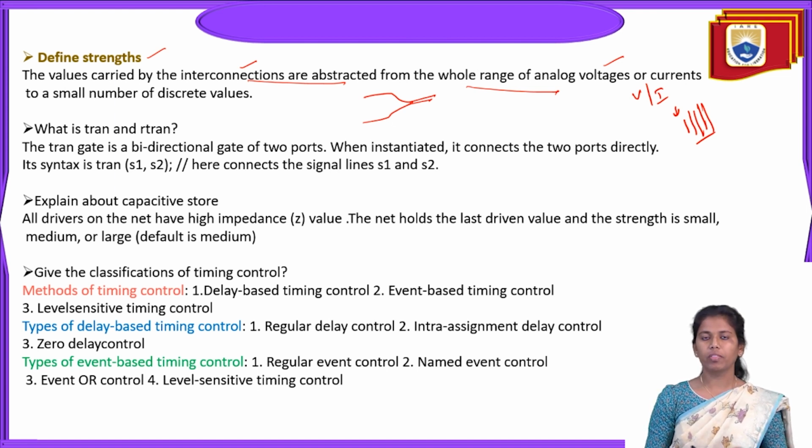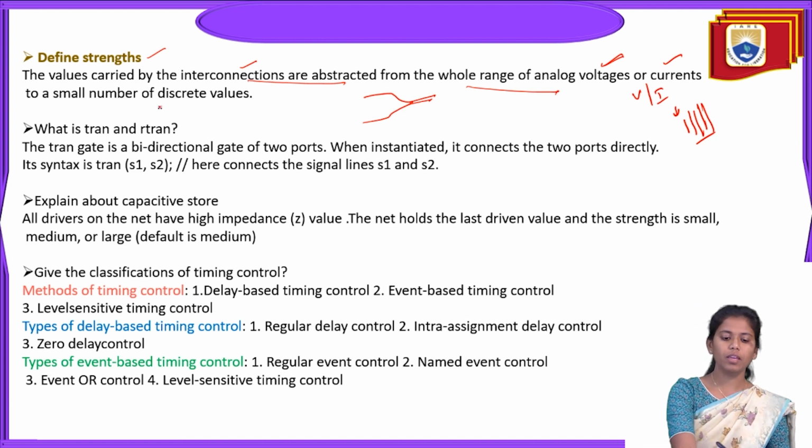That means when these two signals are interconnected, it gives the output in terms of discrete values. The range of the voltages and currents can be observed in terms of discrete values. That's nothing but the strengths.